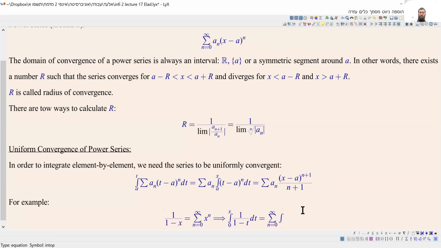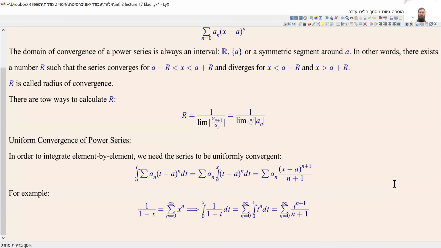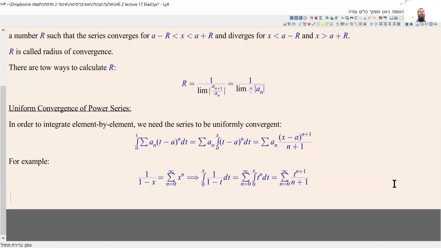So here it's t to the power of n, which gives us the sum of t to the power of n plus 1 over n plus 1. That's what we called, two weeks ago, integration element by element.